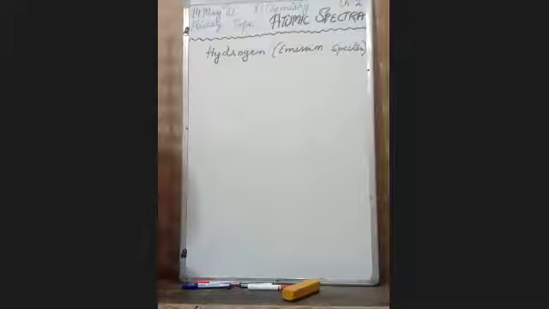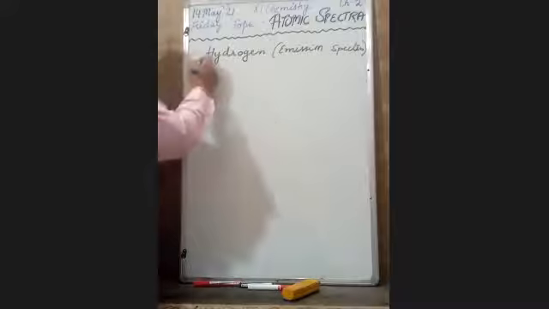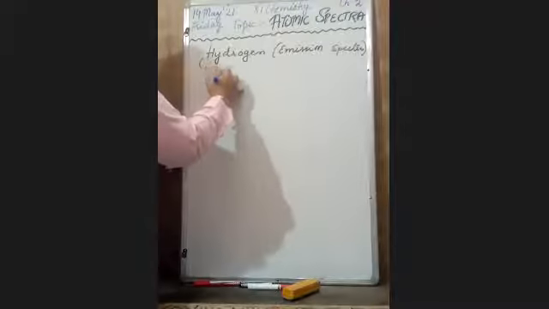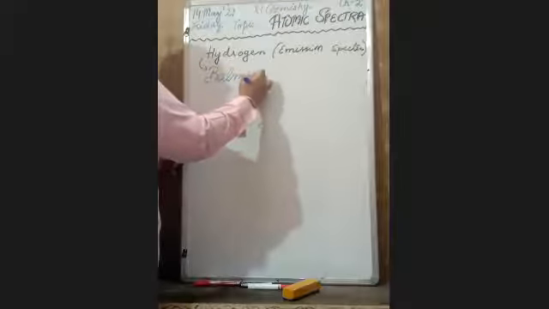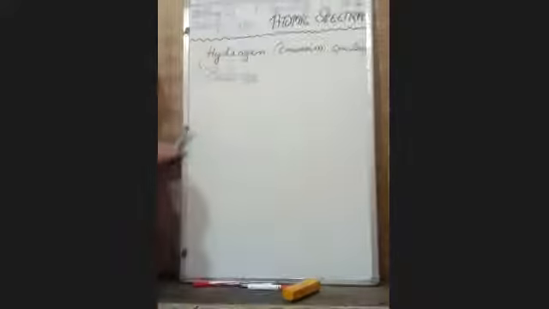I repeat, the hydrogen emission spectra is unique for a particular atom. That's why it is helpful in determining the atomic structure of an atom. So first, Balmer was the scientist who saw the hydrogen emission spectra.